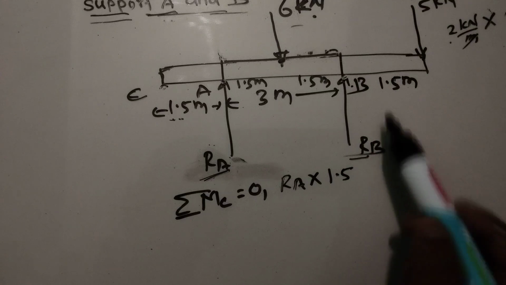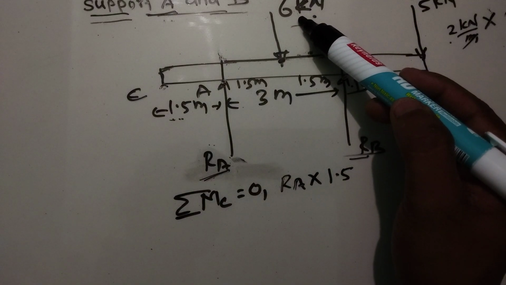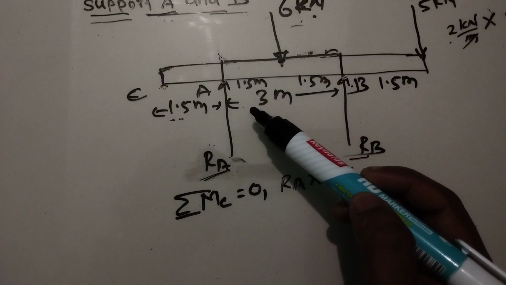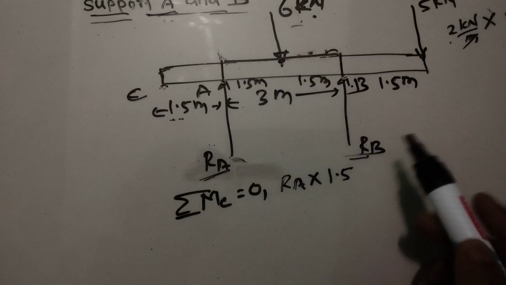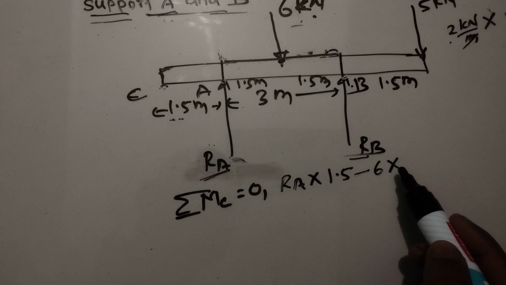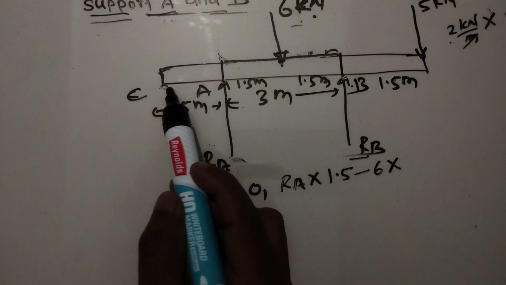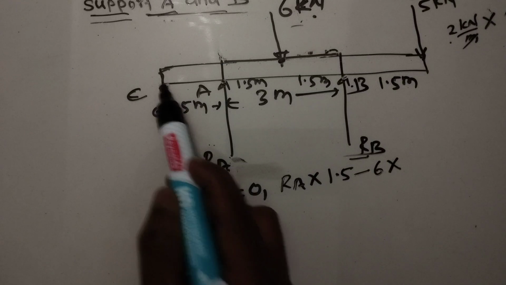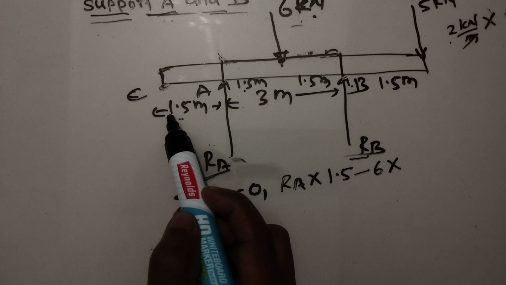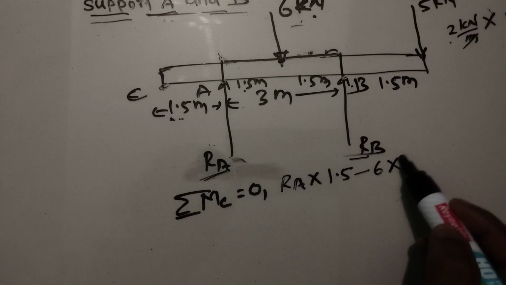Similarly, this 6 kilonewton force is trying to rotate in the clockwise direction. That's why we take minus 6 kilonewton multiplied with the perpendicular distance about point C. That means 1.5 meter plus 1.5 meter, which will be 3 meters.